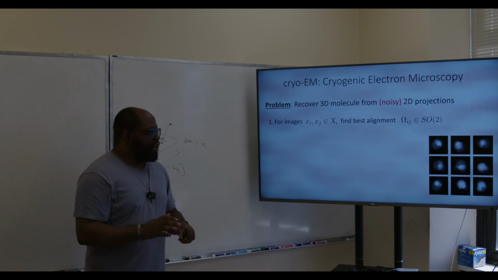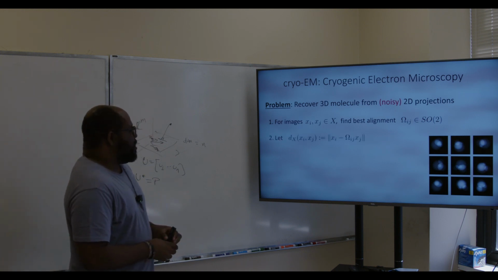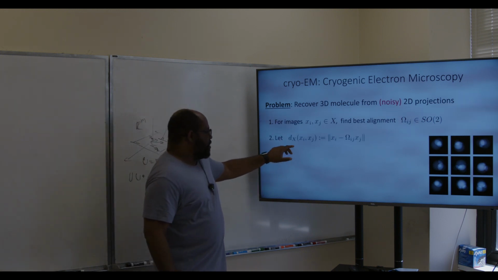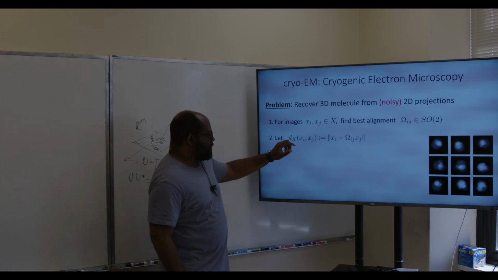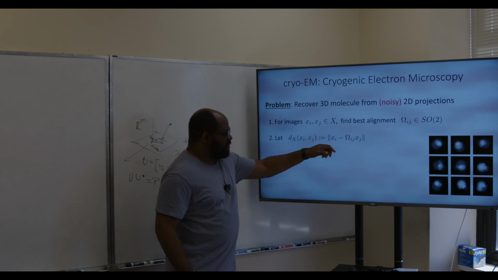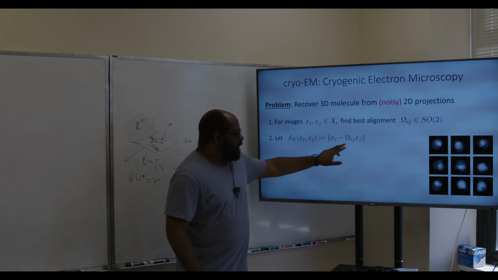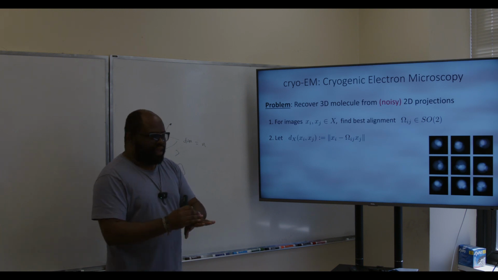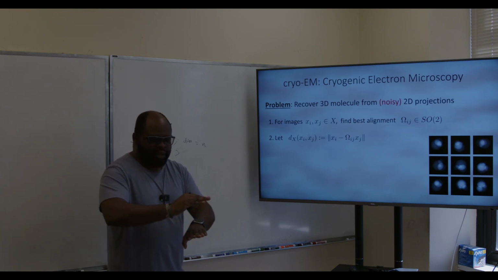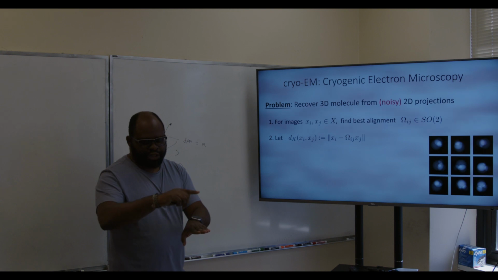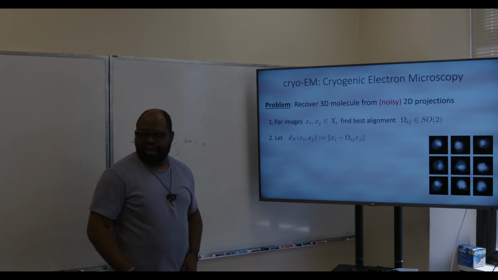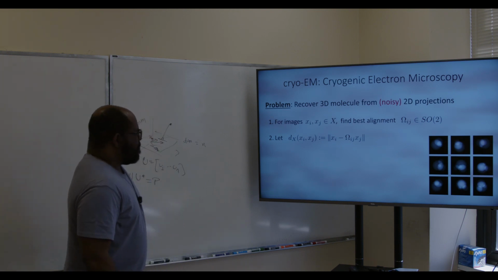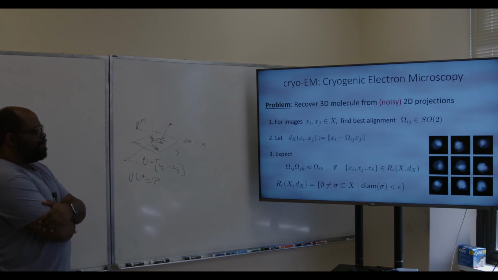Let's define this Procrustes distance, which is the distance in matrices once you align the images as best as possible. The idea is that if you align a bunch of these images, you can average the noise out by taking their average. So what do we expect?